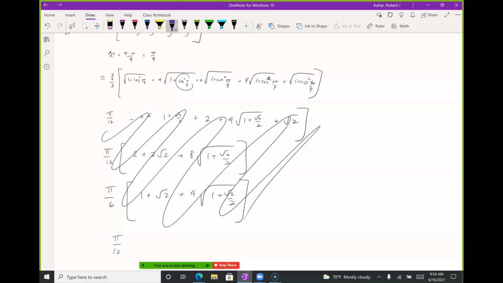Pi over 12, and then I've got square root of 2 here, and then I've got 4 times 1 plus 1/2, right? Squaring rad 2 over 2, I get 2 over 4. Yes, thank you, Caleb. And at pi over 4, I still get 0.